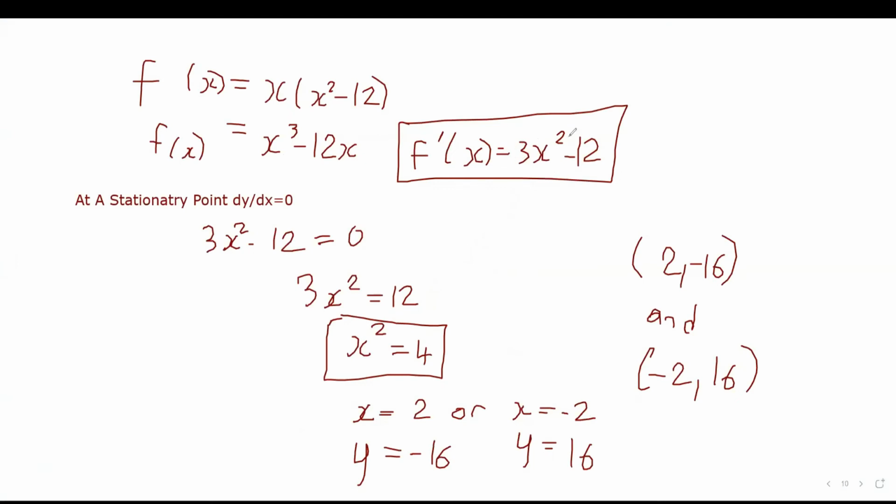So this is f prime of x. We know that dy by dx, or f prime of x, is equal to 3x squared minus 12. Now at the origin, Marika, x equals 0.